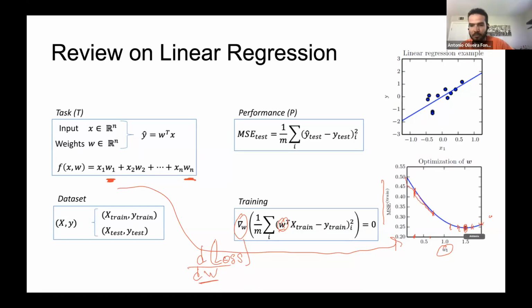Can you guys think of any technique or approach that we can use to find this point that's going to minimize this loss for any given W? Anyone?